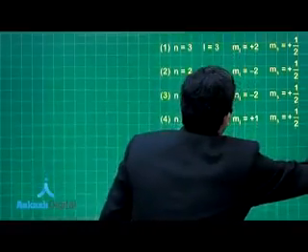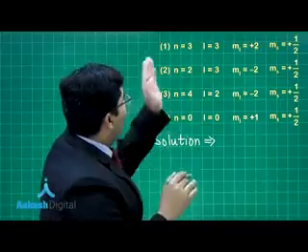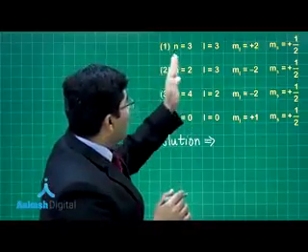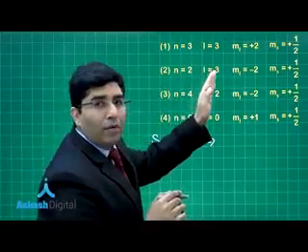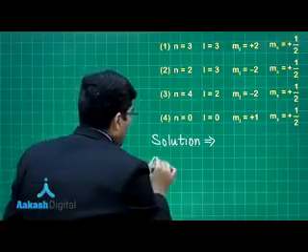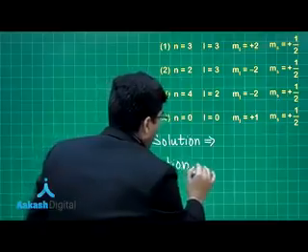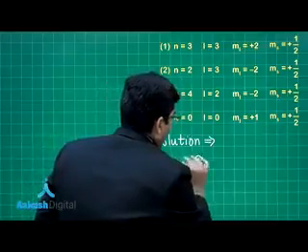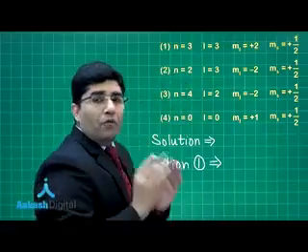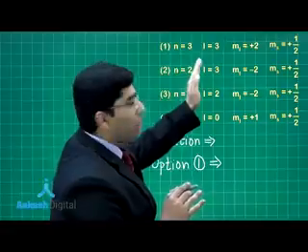Now what we have to do is compare the values of n, l and ml. That is principal quantum number, azimuthal quantum number and magnetic quantum number. So starting from option number 1, first of all compare principal quantum number and azimuthal quantum number.